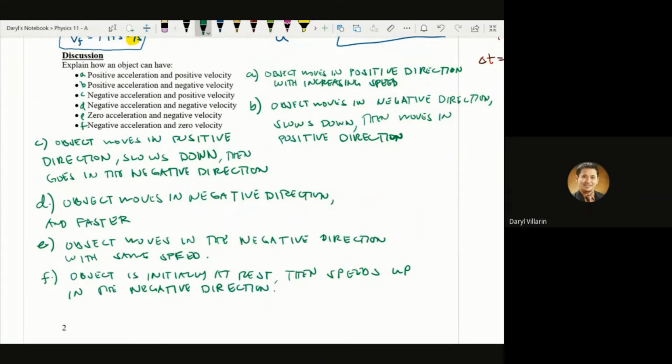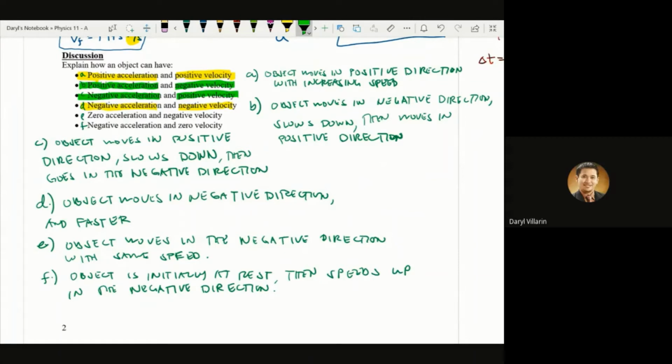For all of these questions here, you can actually deduce this into two cases. You can think of velocity and acceleration having the same sign, just like in the case of letter A and letter D, right? And the case wherein the acceleration and velocity have different directions, okay?